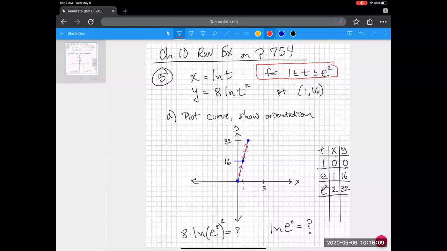Questions, comments, discussions about how we generated the curve and showed orientation for this pair of parametric equations for 5a.